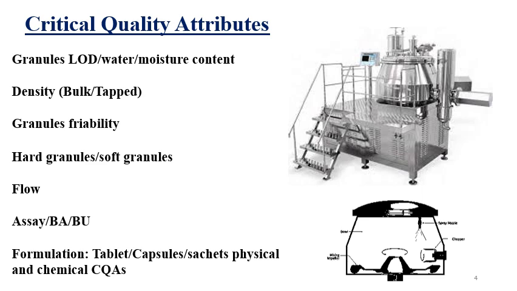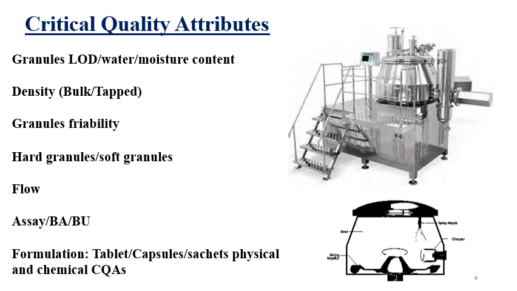Then formulation attributes. Whether you are making tablet, capsules or sachets, then physical CQAs and chemical CQAs will be there. In tablet formulation, the granulation process parameters and material attributes affect tablet disintegration, tablet hardness, tablet dissolution, and impurity profile.